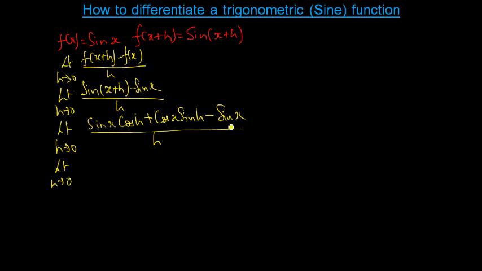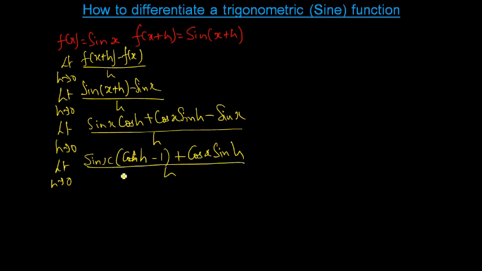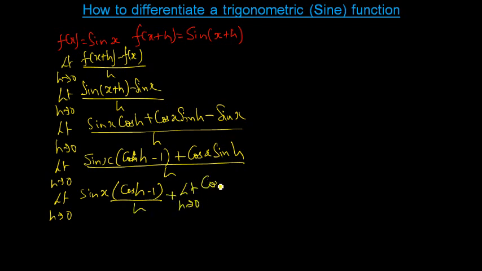Now I can combine these two and write it as sin x common times cos h minus 1, and this is written separately over h. Now I am going to split it into two terms and write the limits separately. Limit h tending to 0 of sin x of cos h minus 1 over h plus limit h tending to 0 of cos x sin h over h.